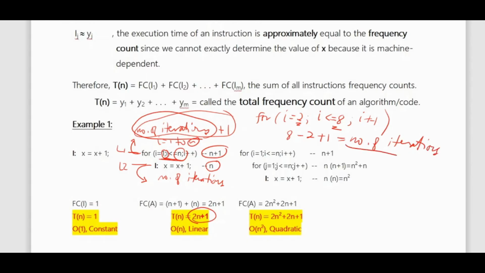The formula for getting the number of iterations is the highest value of the loop variable, or upper limit, minus the lowest value, or lower limit, plus 1.